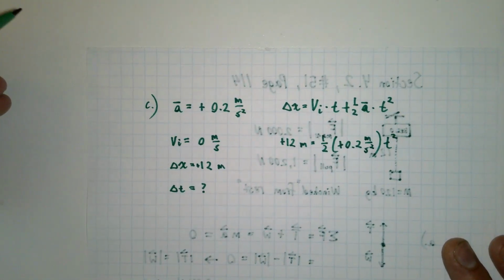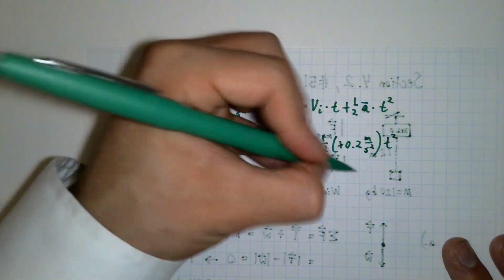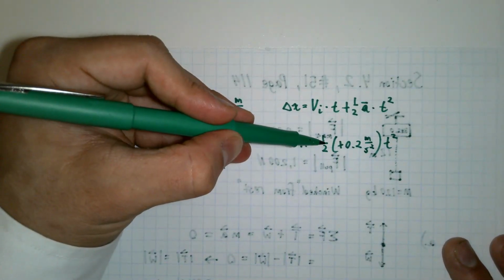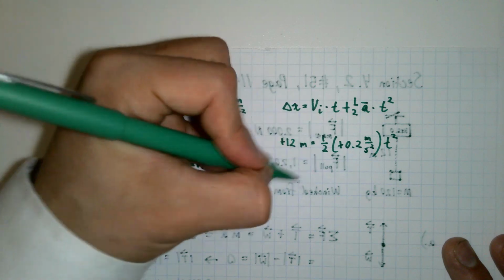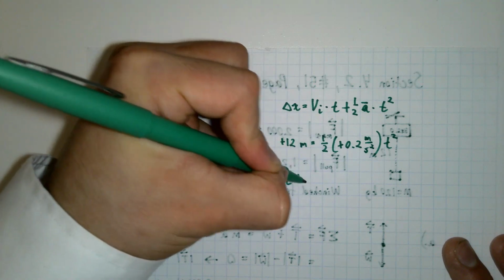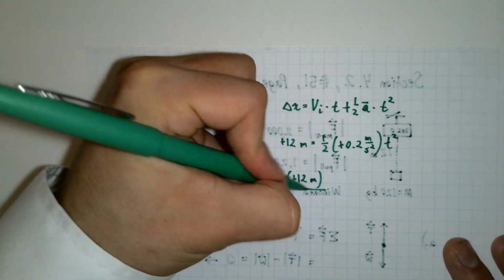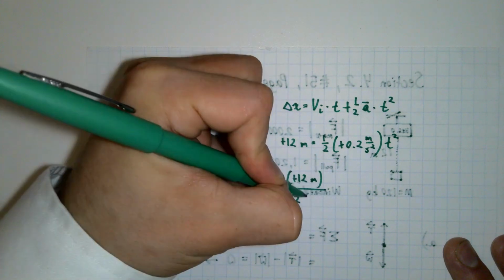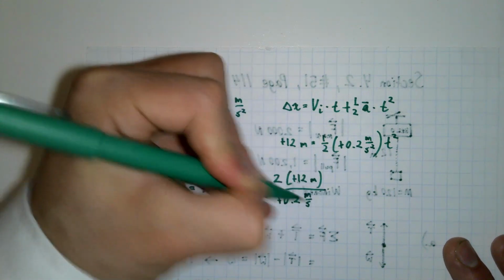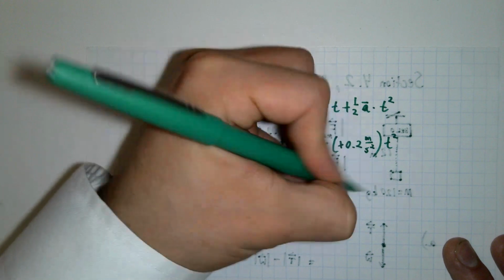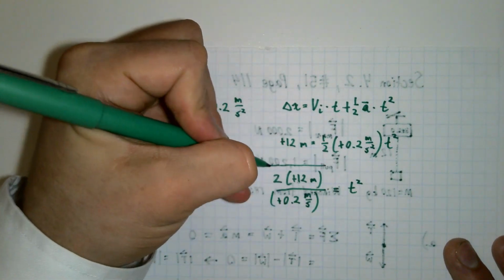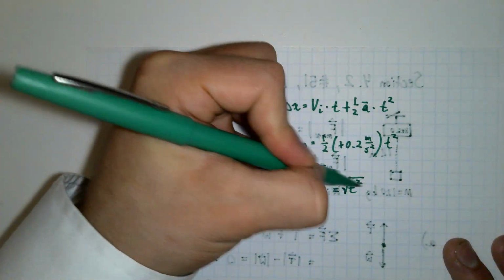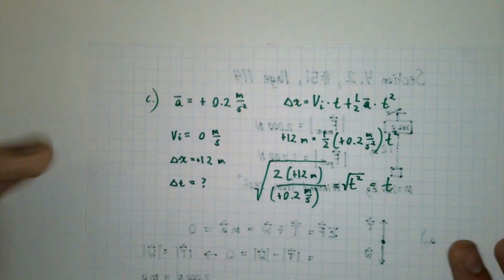So we need to get time by itself. We multiply each side by 2 and divide by 0.2. So 2 times positive 12 meters, divided by 0.2 meters per second squared, gives us time squared. And now we need to take the square root of both sides, and that'll give us just t.